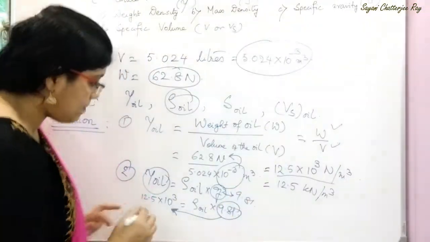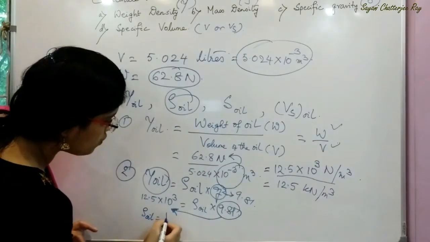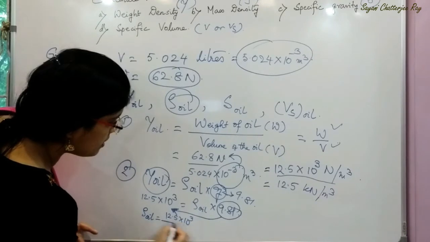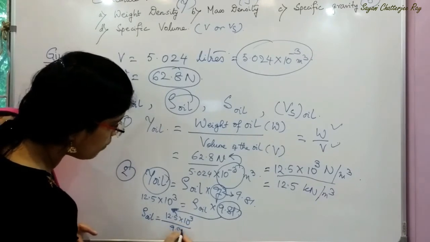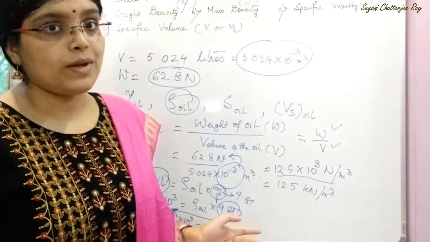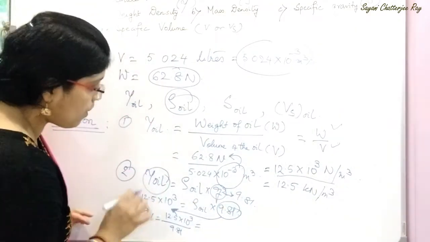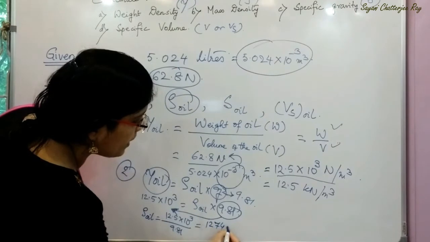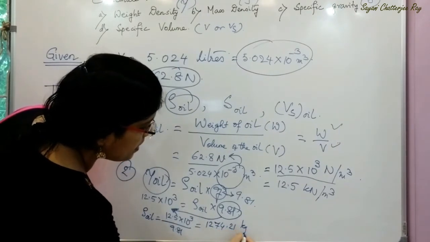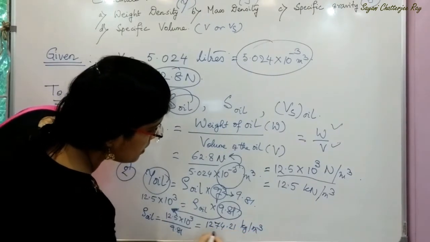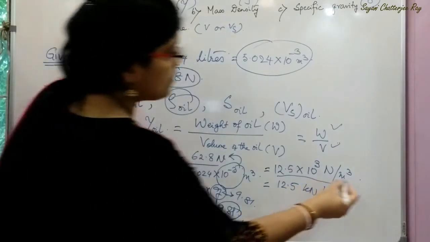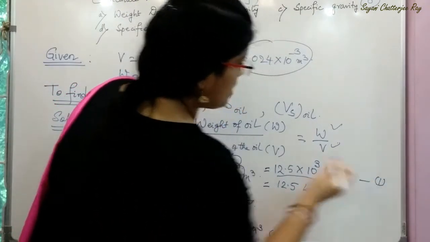So rho oil will be 12.5 into 10 to the power 3 divided by 9.81. After calculating this, we get rho oil equals 1274.21 kg per meter cube. So this is our answer number 2 and this was our answer number 1.